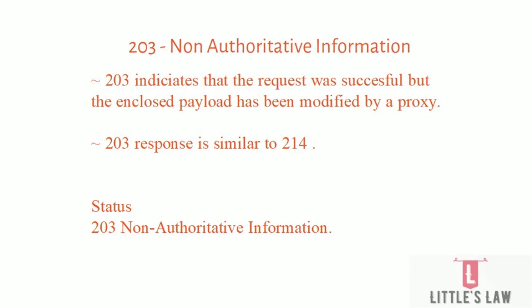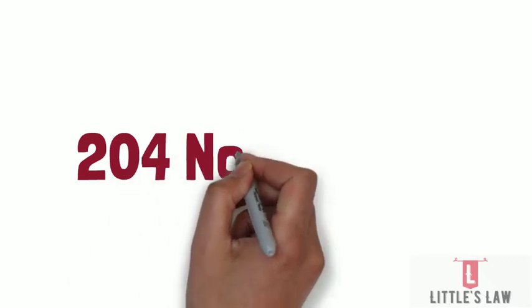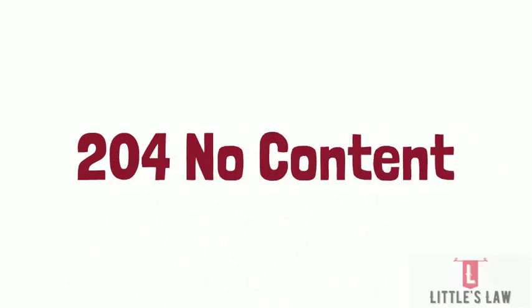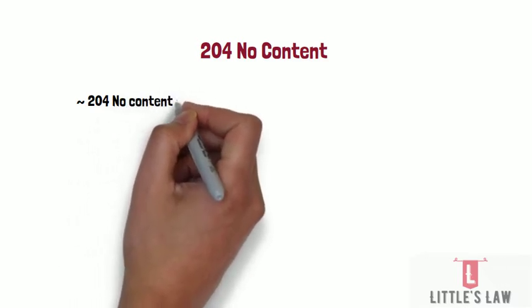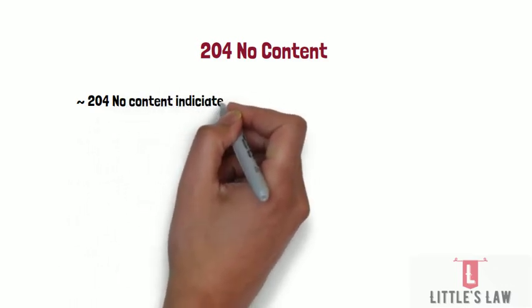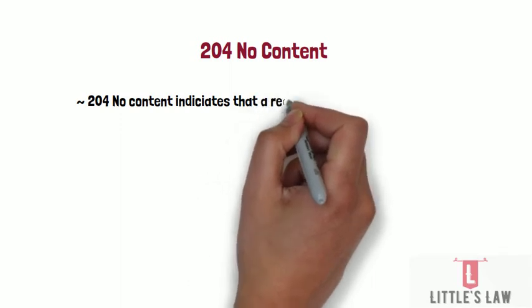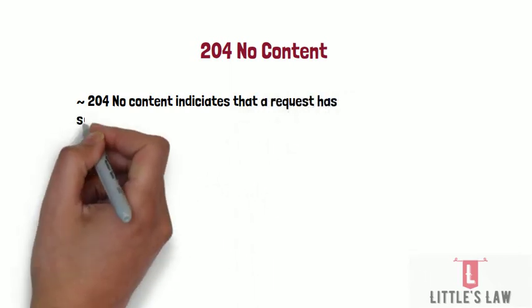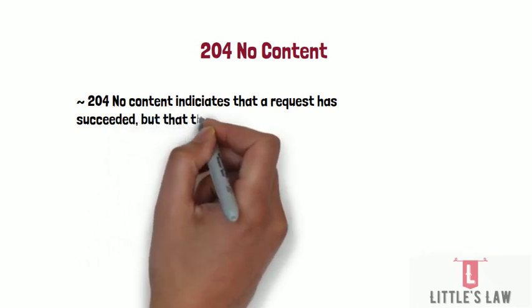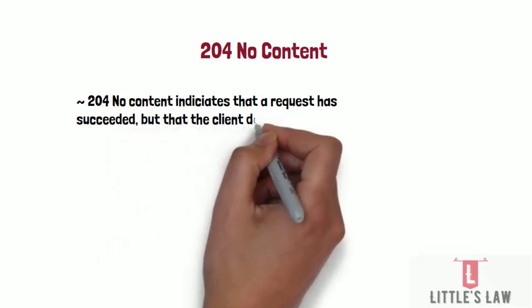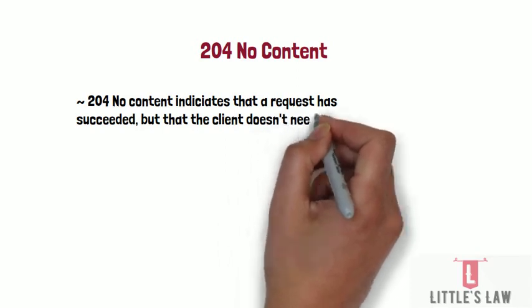The 203 Non-Authoritative Information is the response status of the request, and the fifth one is going to be 204 No Content. The HTTP 204 No Content success status response code indicates that a request has succeeded, but the client does not need to navigate away from its current page.